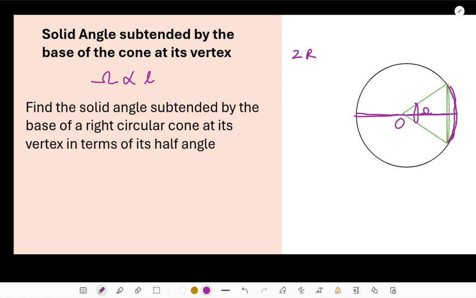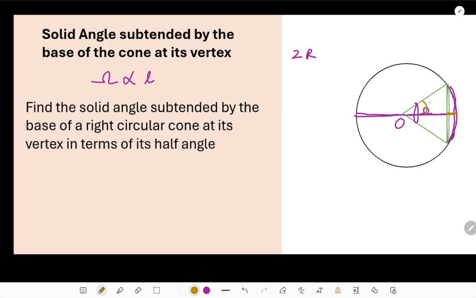So this whole diameter can be associated with the surface area, the solid angle subtended by the whole sphere. And there is another length, this one, and we can find this length as well.